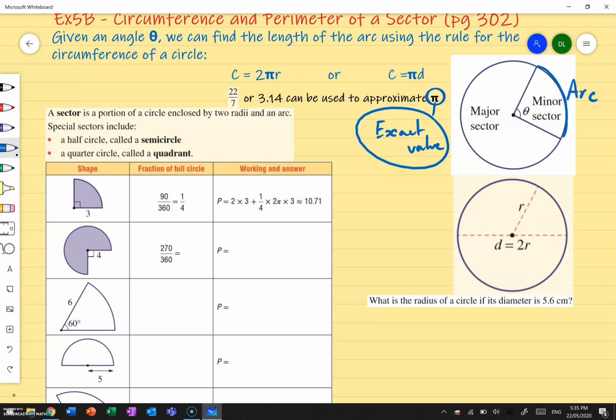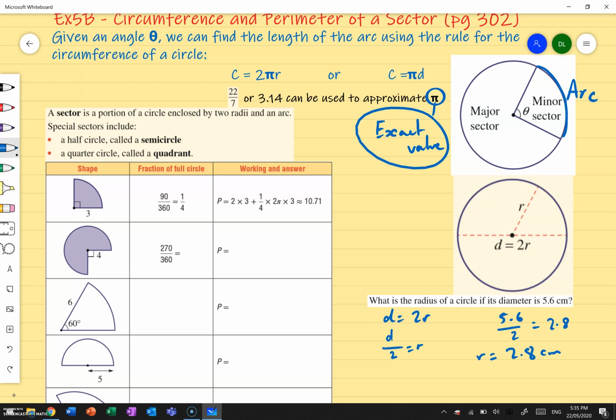So the formula is diameter equals 2r, or the radius is half of the diameter. So what is the radius of a circle if the diameter is 5.6? We divide by 2, because diameter equals 2r. If I divide both sides by 2, I get d divided by 2 equals r. But that's just the algebra way. We can just remember it as 5.6 divided by 2 gives me 2.8. So my radius is equal to 2.8 centimeters.